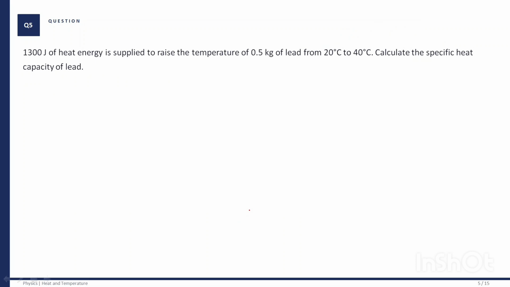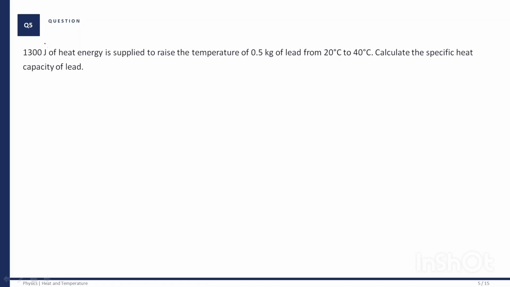The next one. 1300 joule of heat energy is supplied to raise the temperature of 0.5 kg of lead from 20 degrees Celsius to 40 degrees Celsius. Calculate specific heat capacity of lead. Okay, so what is given in the question?